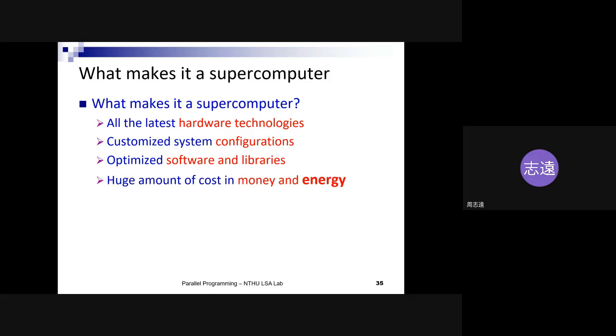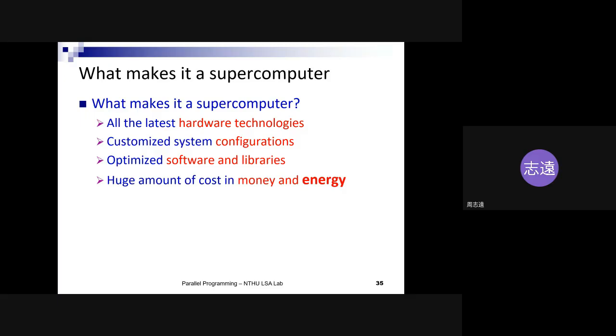But of course, in your software and hardware, at all the layers, there are definitely their own configurations that can be tuned as well. In order to achieve the best performance, all those things should be considered and optimized. And at the end, the cost, in terms of money and power, needs to be considered as well.